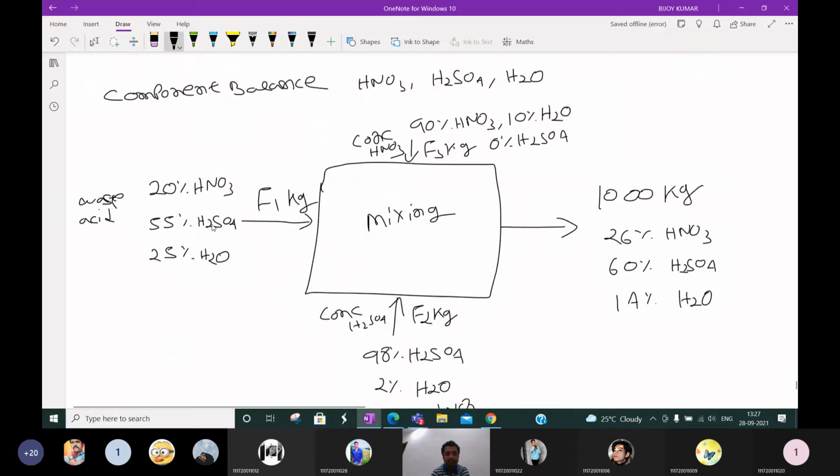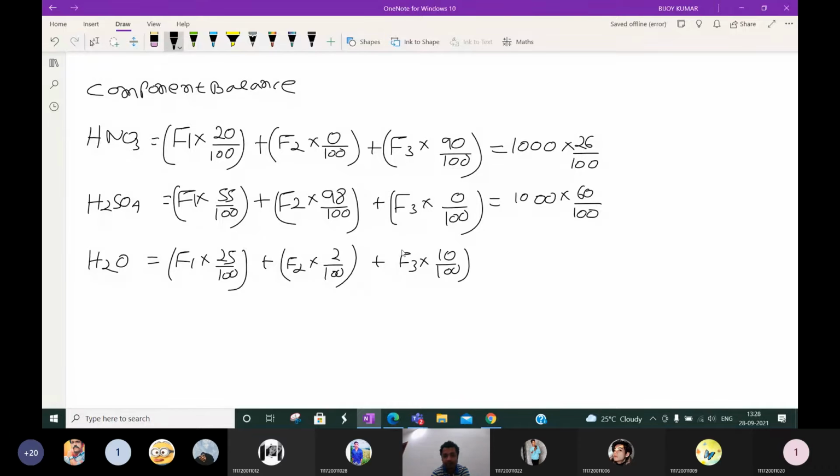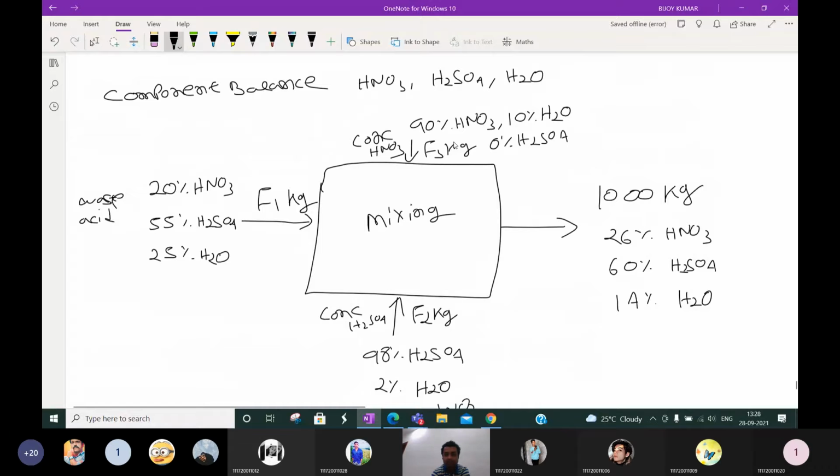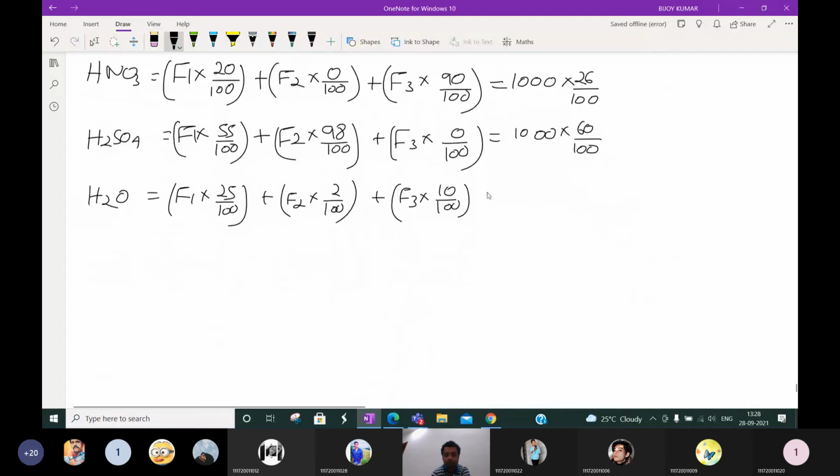Then next, the third component, water. In the first stream it is 25% water, in the second stream 2% water. So it will be F1 into 25 by 100 plus F2 into 2 by 100 plus F3 into 10 by 100, since in the third stream water is 10% only, and here we have 14% water, is equal to 1000 into 14 by 100.